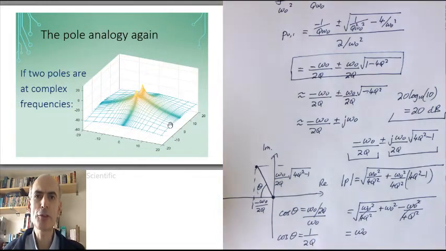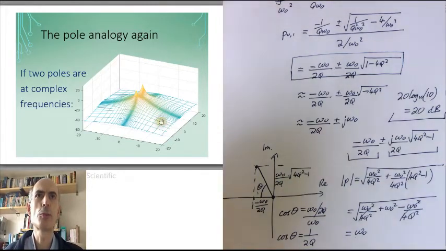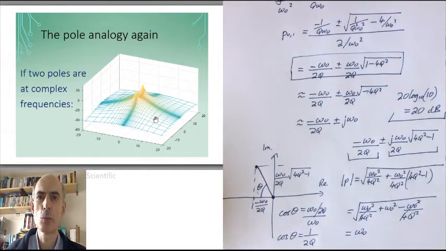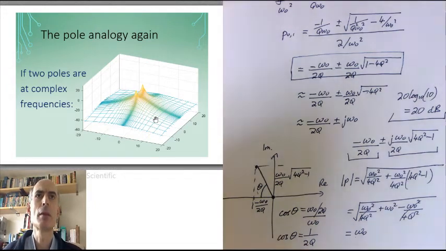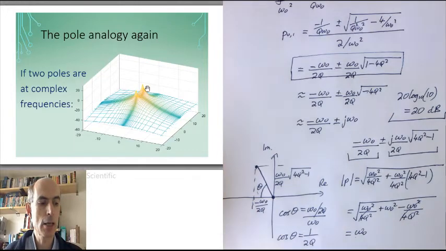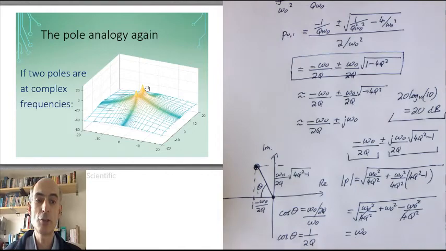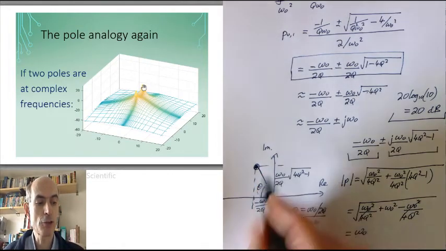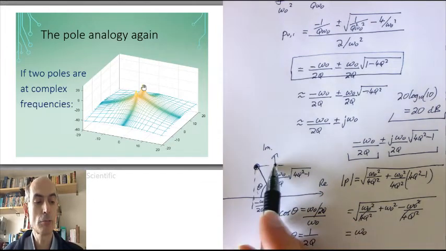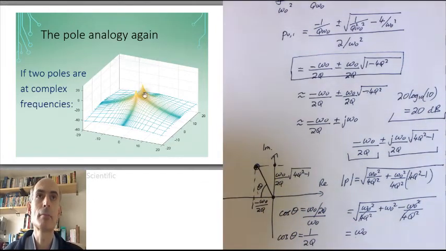Now, if you remember this graphical model that we had of poles and zeros, where poles were like these tent poles and a canvas was draped over them, then you can understand what's happening with those resonant peaks, perhaps. The poles we have here are very close to the imaginary axis for large values of Q, which means the canvas is pulled up very high, quite close to the imaginary axis, at around the resonant frequency of the poles.